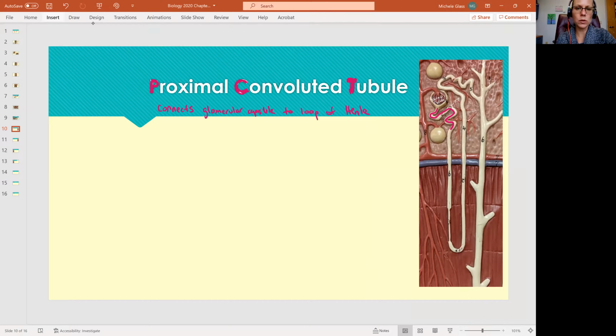So it's this piece in between. Once the filtrate enters the proximal convoluted tubule, we're going to call it tubular fluid because it's inside this tube.